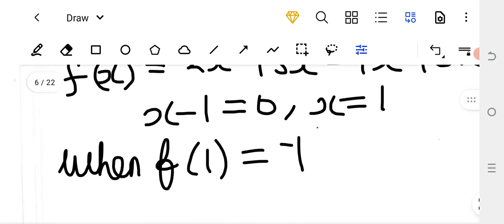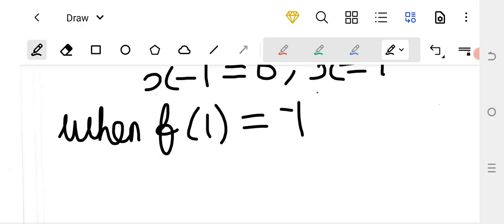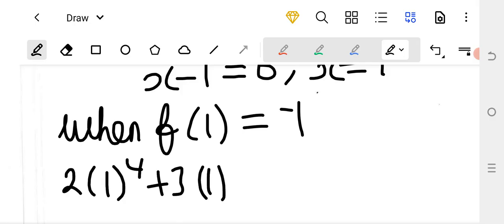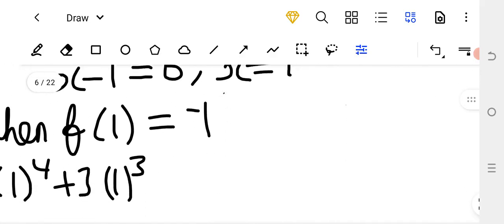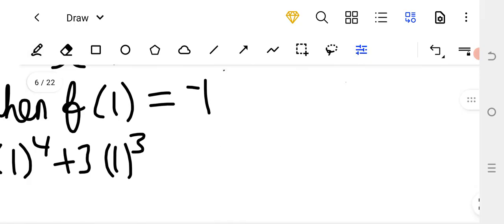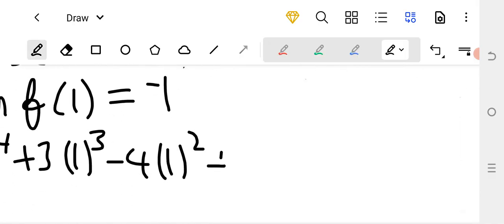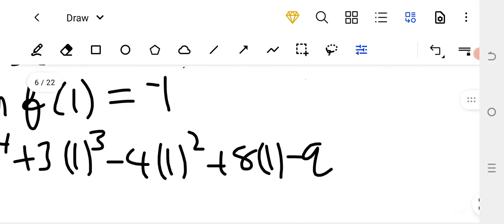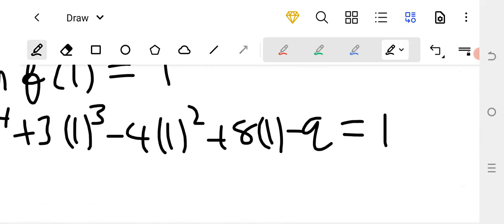So we're going to have 2x to the power 4 plus 3x to the power 3. So 2 multiplied by 1 to the power 4 plus 3 multiplied by 1 to the power 3, then minus 4x squared, minus 4 multiplied by 1 to the power 2, plus 8 multiplied by 1, minus q is equal to a positive 1.